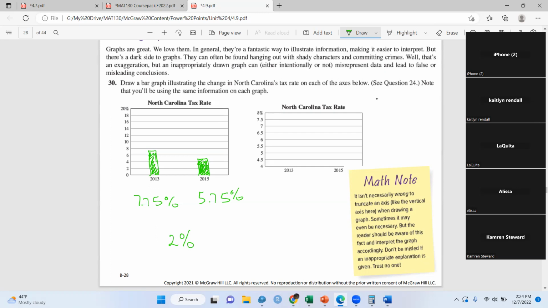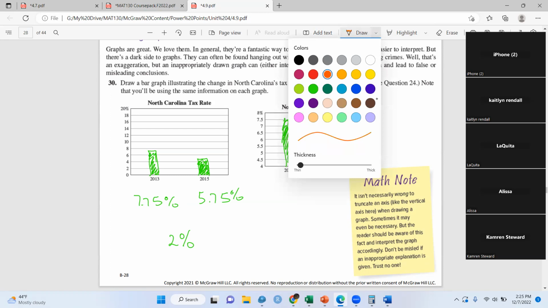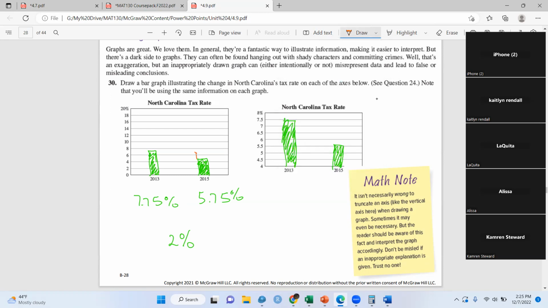The second graph, if we draw it using this scale, note the visual difference. So in the first graph, it's just this amount, right? That's the visual amount.